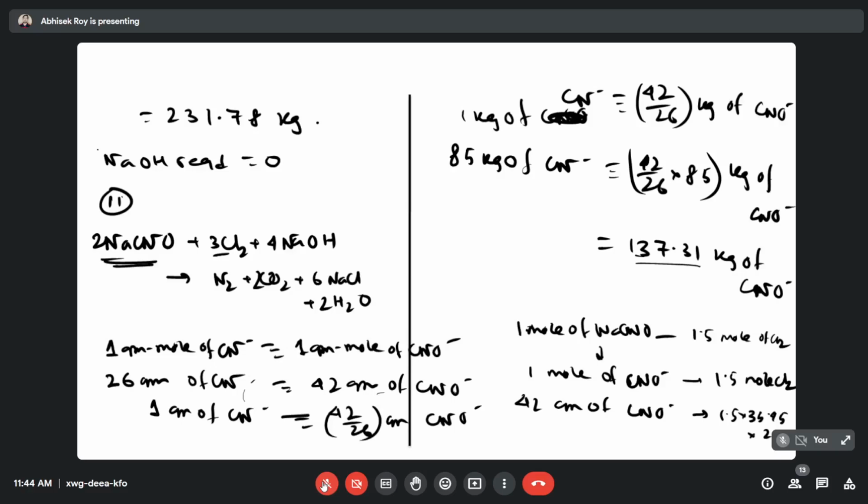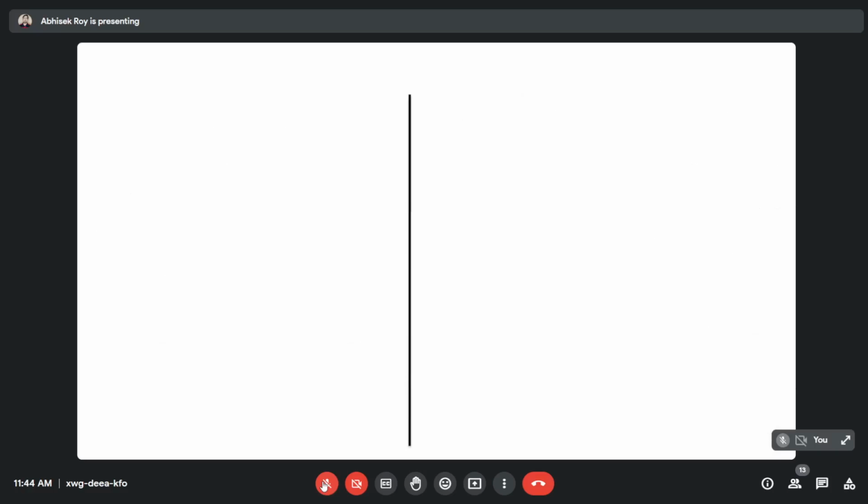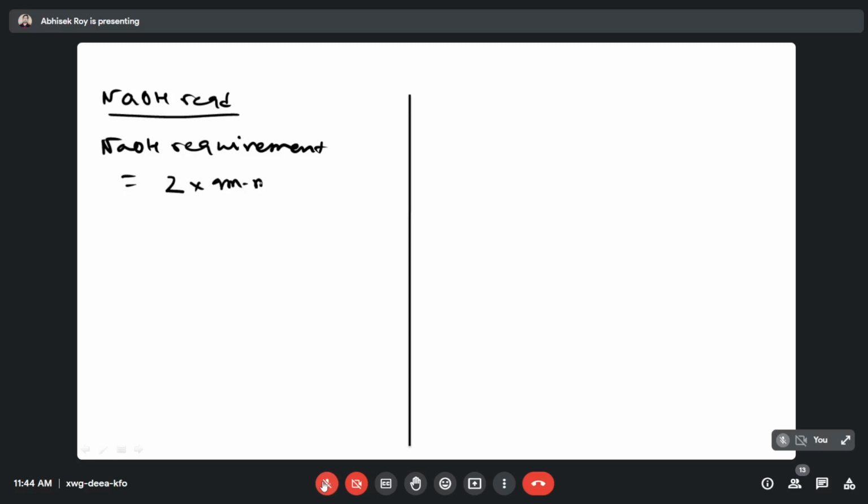So your NaOH requirement will be 2 into the gram mole of cyanate or CNO minus. How much gram mole of cyanate is present?